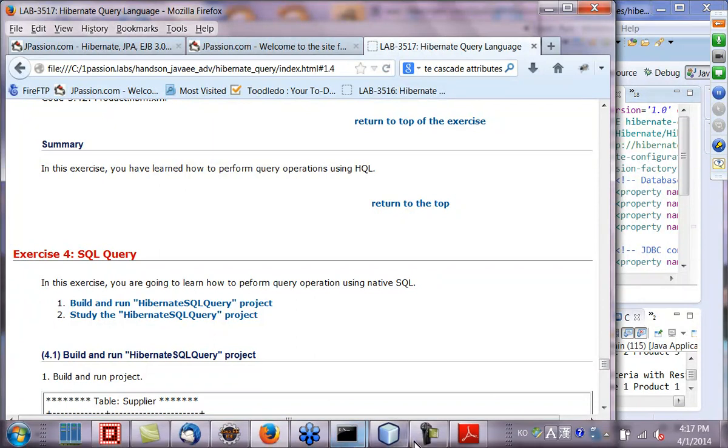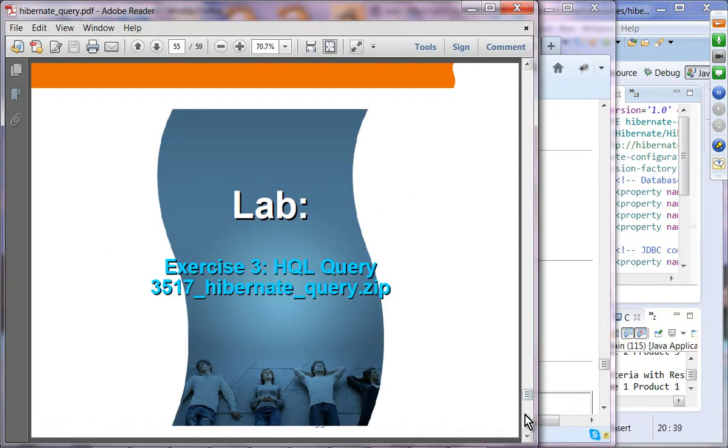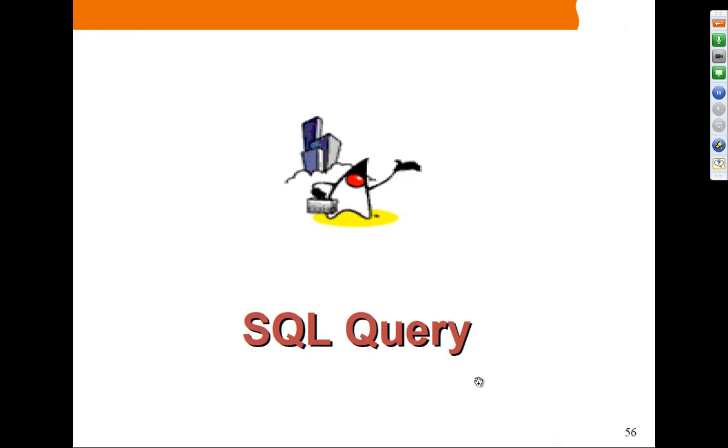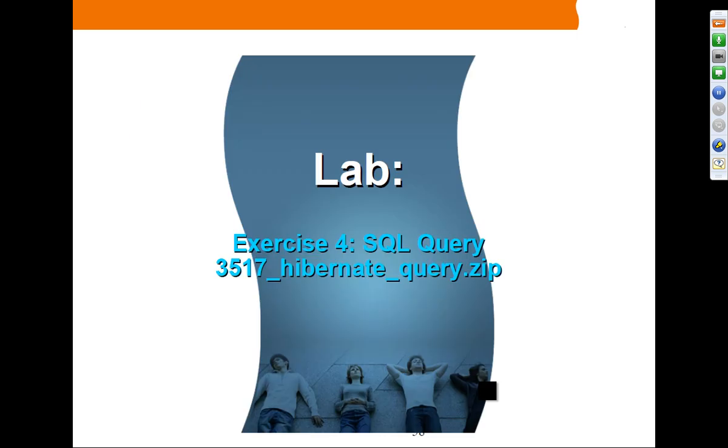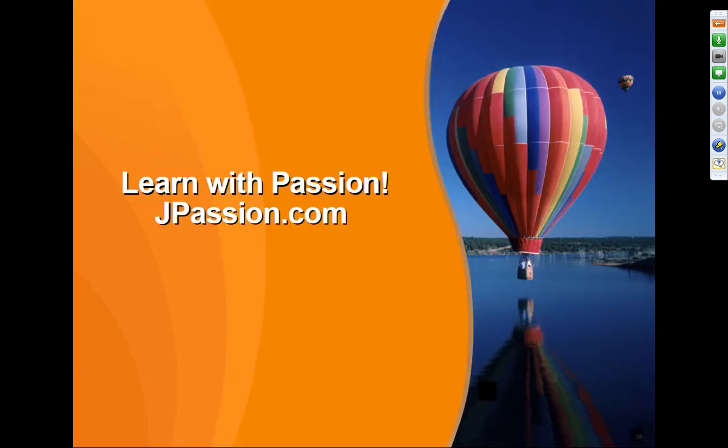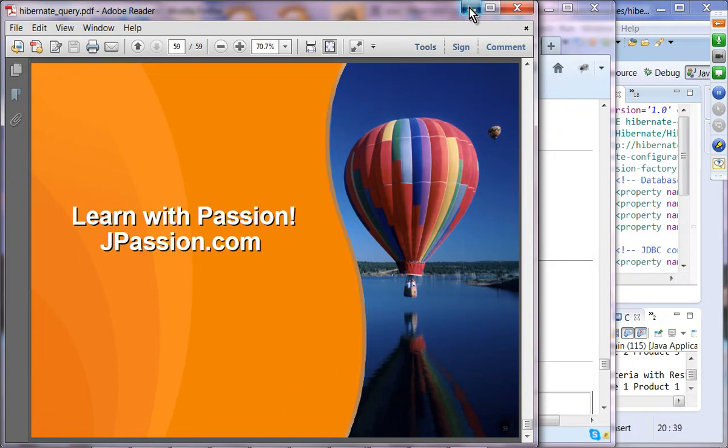So let's move on to the last one, SQL query. SQL query is used when you have an existing SQL query that is optimized, and you want to take advantage of it. So native SQL can be used. All right, so that is exercise 4. Let's take a look at exercise 4.